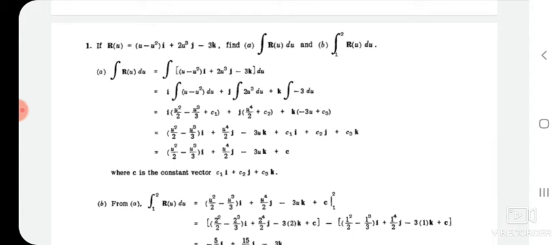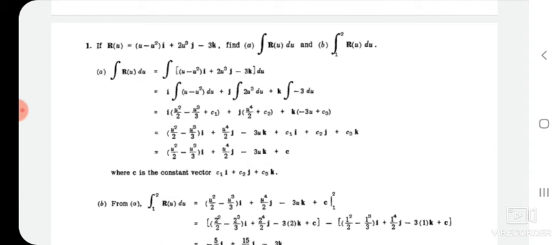If we multiply du inside the bracket and separate the i, j, k terms, we get i times the integral of (u minus u square) du, plus j times the integral of 2u cube du, plus k times the integral of minus 3 du. Solving this integration gives i (u square by 2 minus u cube by 3 plus c1) plus j (u to the power of 4 by 2 plus c2) plus k (minus 3u plus c3).